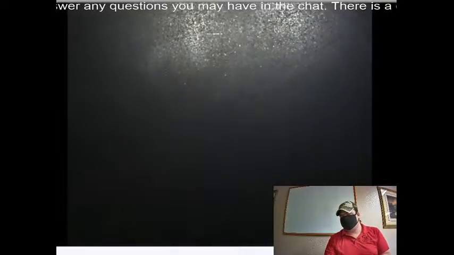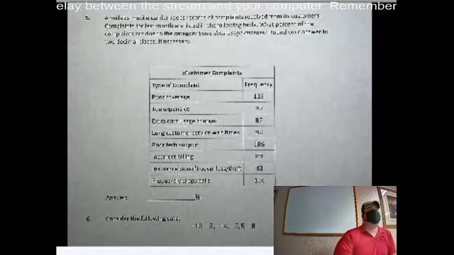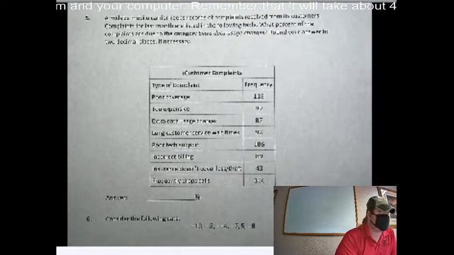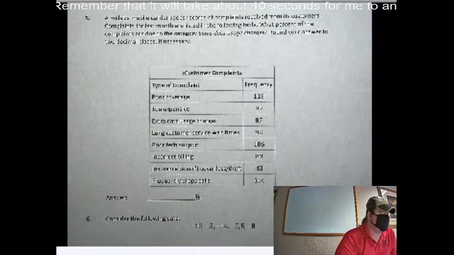All right, let's go to the next one. So this one says, a mid-sized mobile carrier keeps records of complaints received from its customers. Complaints for last month are listed in the following table.